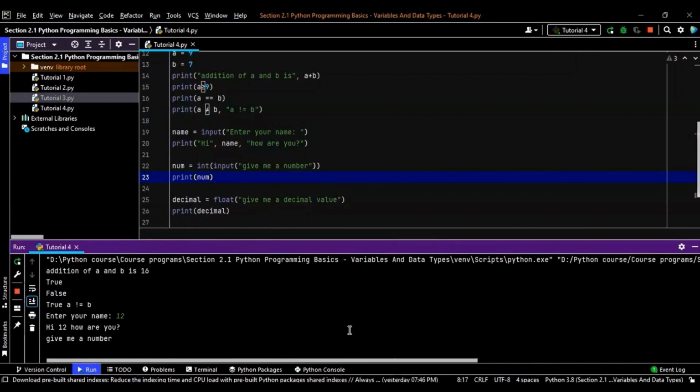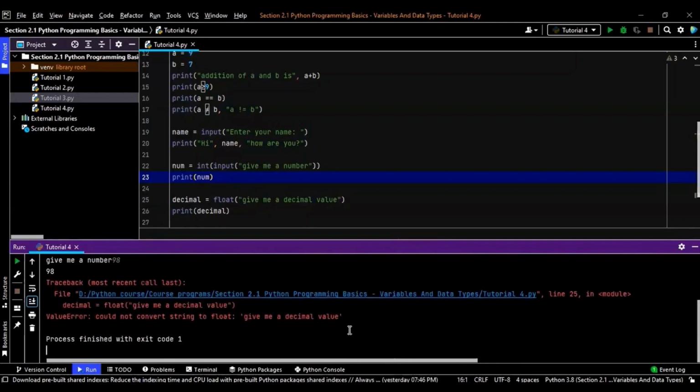Now it asks me for a number, so I'm giving it a number as 98. And since I pressed enter, it's telling me that there is some issue, a value error. You know why? Because I pressed enter twice. I did not give it any value.